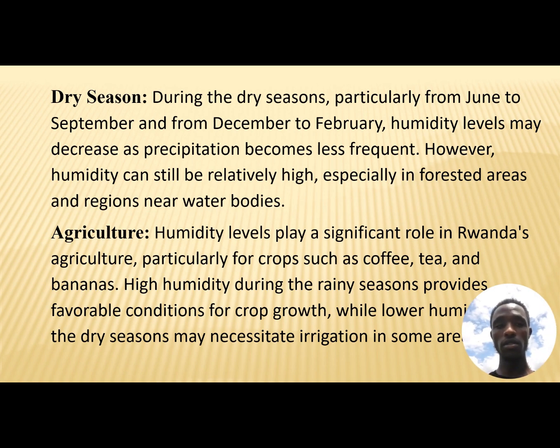Agriculture: Humidity levels play a significant role in Rwanda's agriculture, particularly for crops such as coffee, tea, and bananas. High humidity during the rainy season provides favorable conditions for crop growth, while lower humidity in dry seasons may necessitate irrigation in some areas.